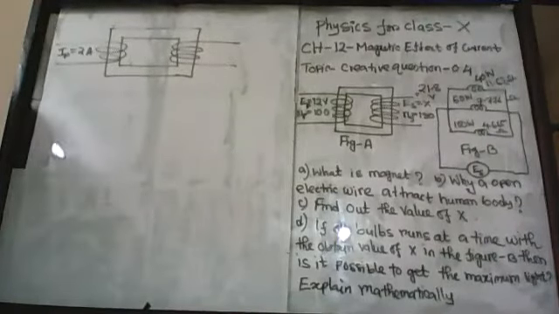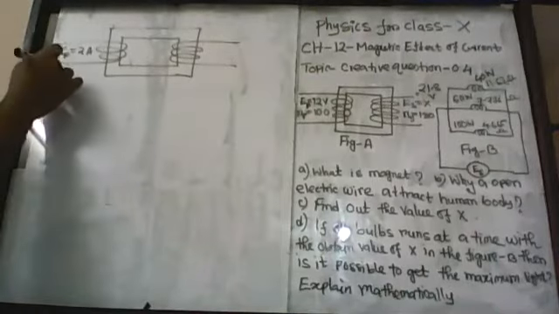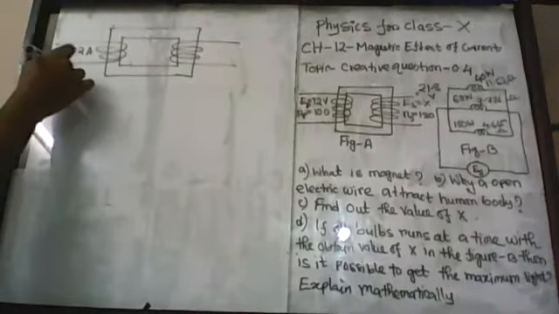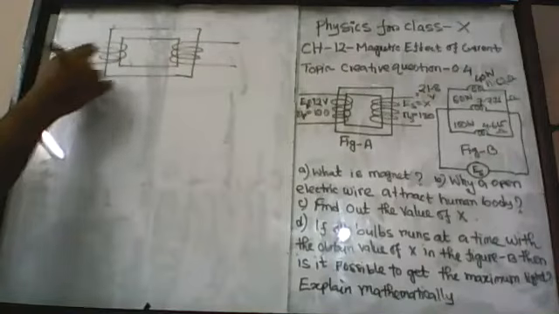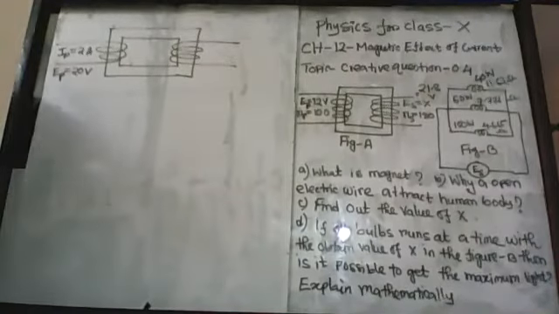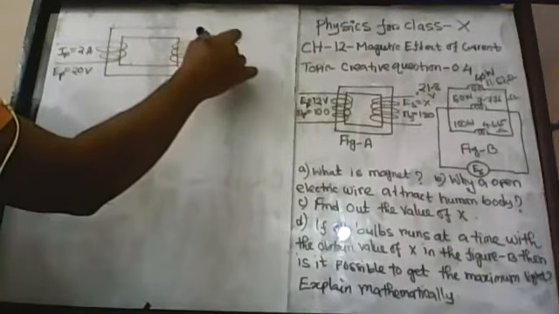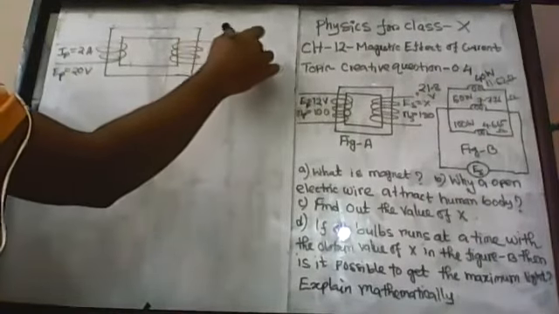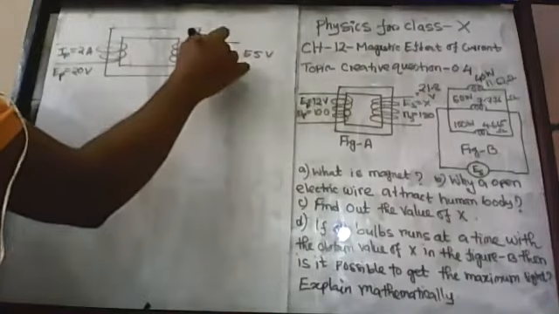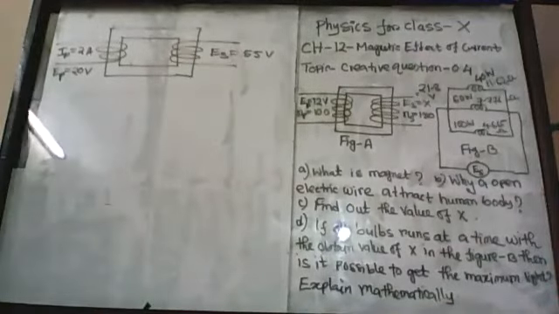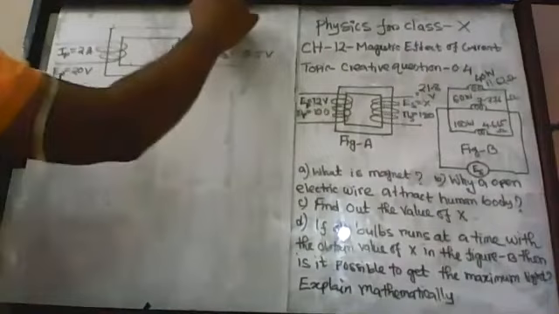Primary electromotive force equals 20 volts. Secondary voltage equals 55 volts. This is the setup, and this is your homework.